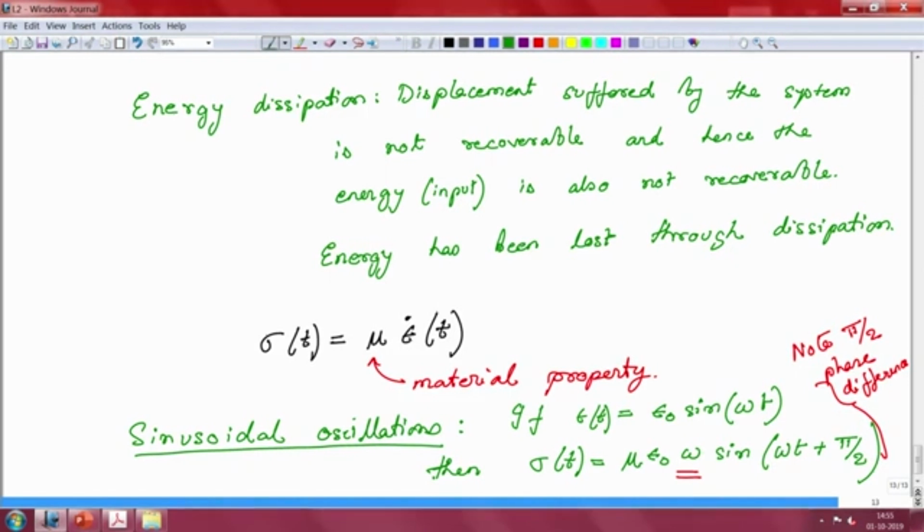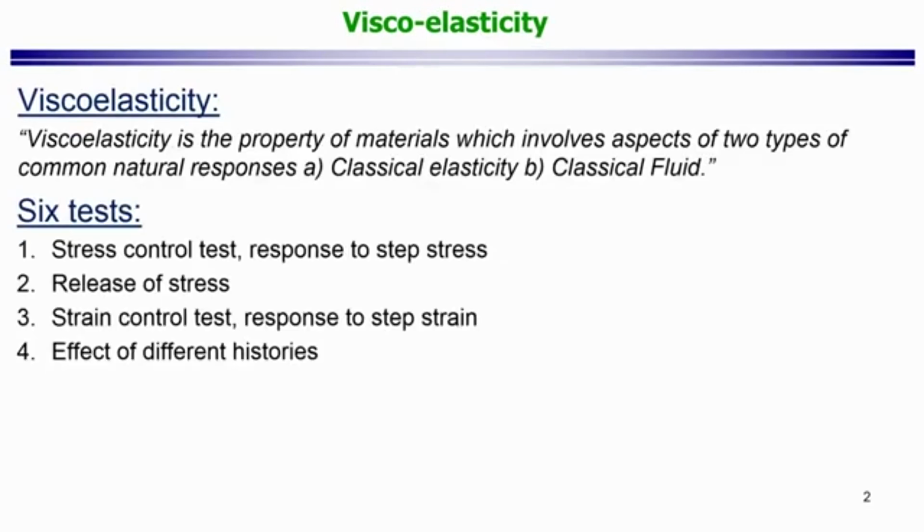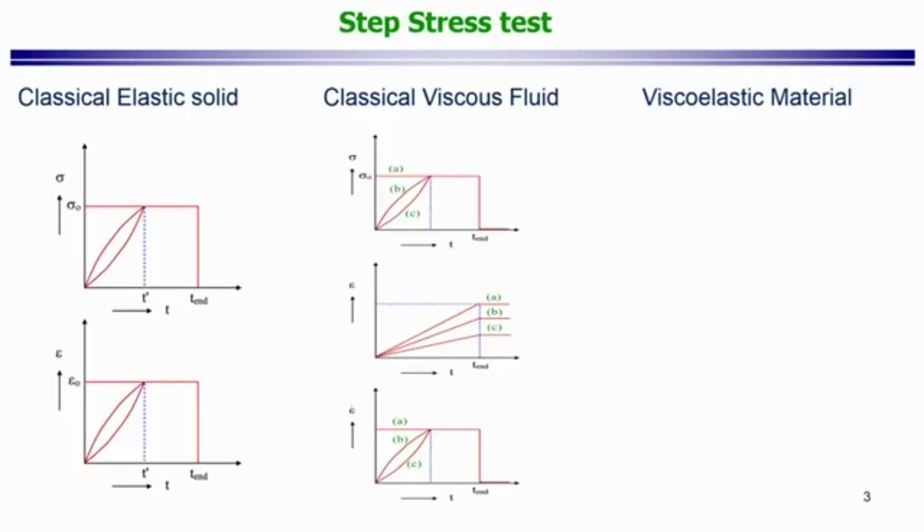So, now we have completed 6 tests. We are ready to compare our results for the classical elastic solid versus a classical viscous fluid. We have seen these two diagrams earlier.